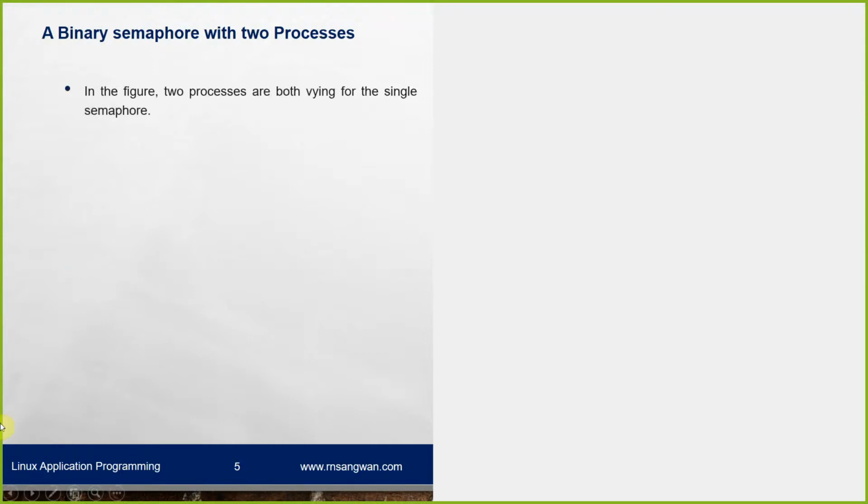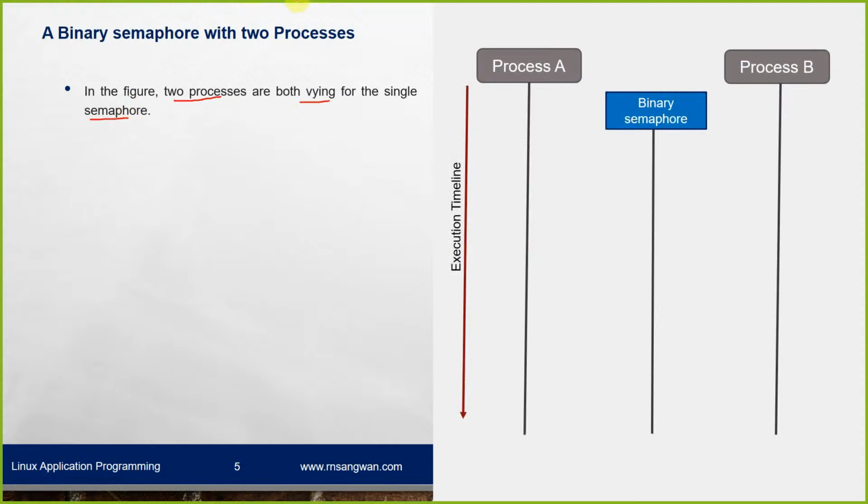In the figure, which I'll demonstrate with the animation, there are two processes which are both competing for a single semaphore. So we have process A, a binary semaphore, and process B, and this is the execution time passing.